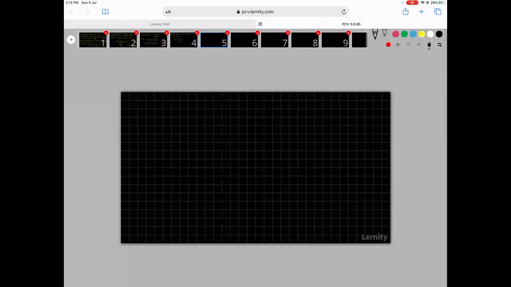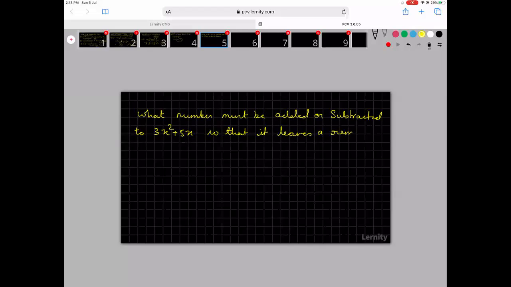So the question is, what number must be added or subtracted to 3x square plus 5x so that it leaves a remainder 1 when divided by 2x plus 5?